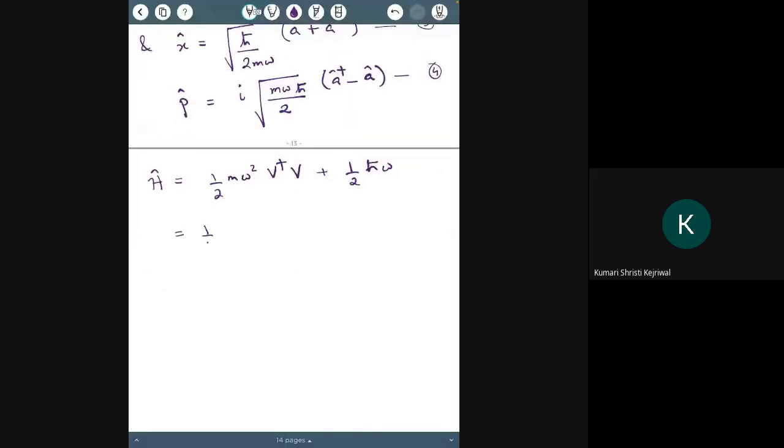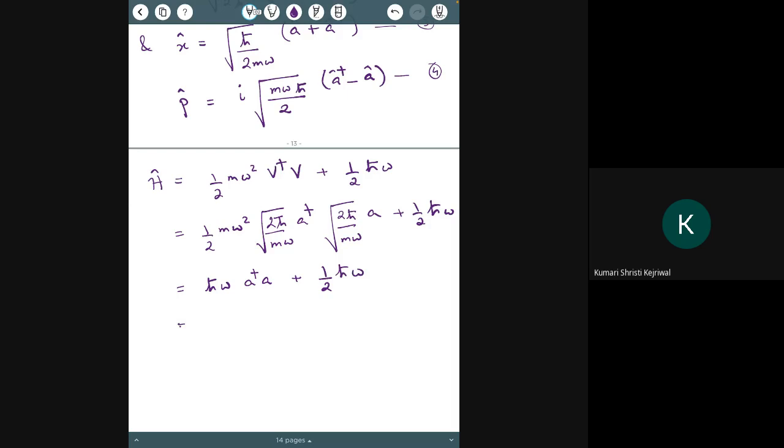And now I can write V dagger as root of 2h cross by m omega A dagger, and V is root of 2h cross by m omega A. So we have m omega square, so we have one omega left, and then you have 2h cross, so that gets cancelled, so we get h cross omega A dagger A plus half h cross omega.